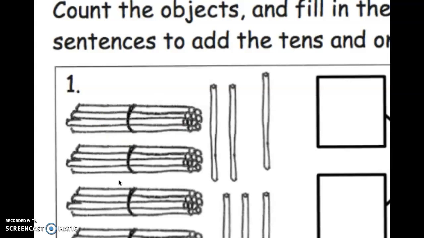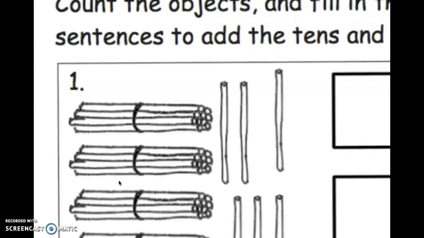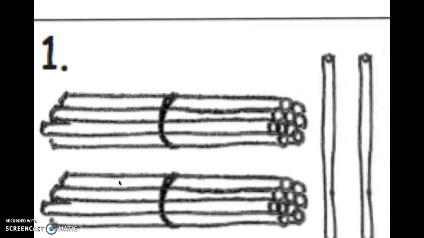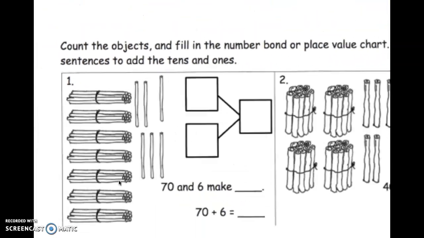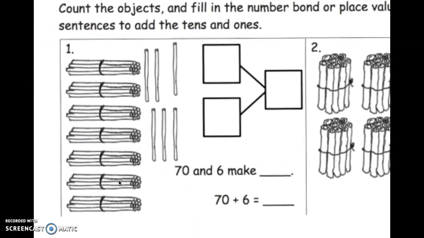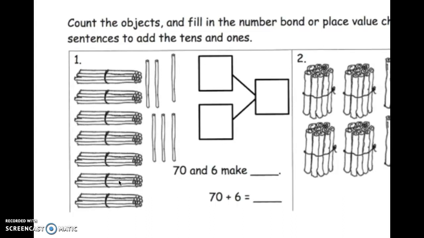So parents and teachers, if students really need, let them count and verify that this really is a bundle of 10: 1, 2, 3, 4, 5, 6, 7, 8, 9, 10. But ultimately, we want our students to buy into the convention.